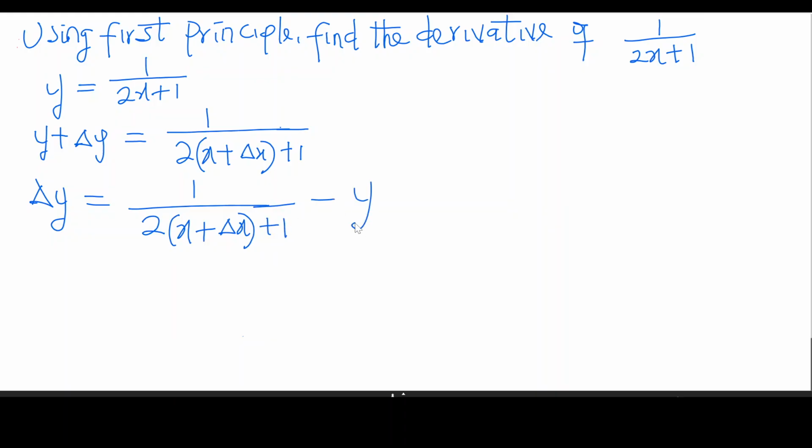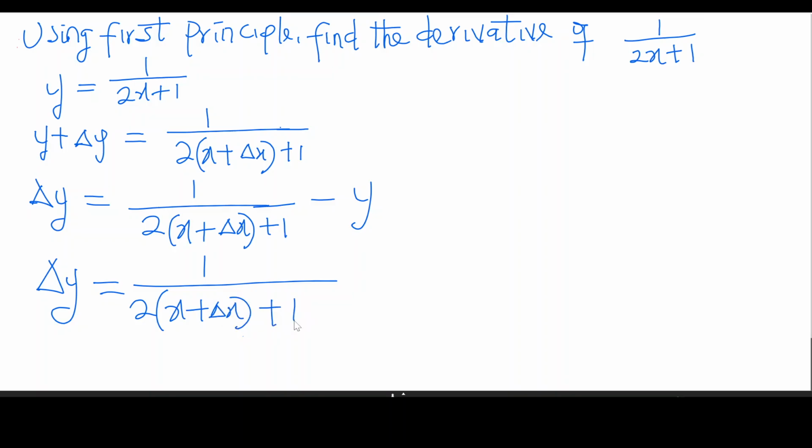And don't forget the value of y is 1 over 2x plus 1. So you're going to be substituting the value of y there. Which is going to be giving us delta y equal to 1 over 2 into bracket x plus delta x plus 1 minus 1 over 2x plus 1.